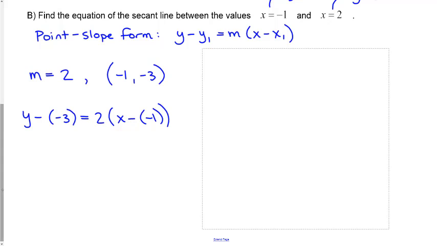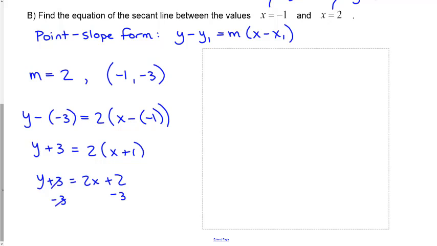So this would become y plus 3 equals 2 times the quantity x plus 1, or y plus 3 equals 2x plus 2, and then subtracting 3 from both sides, I come up with y equals 2x minus 1. And that's the equation of the secant line between these 2 points.